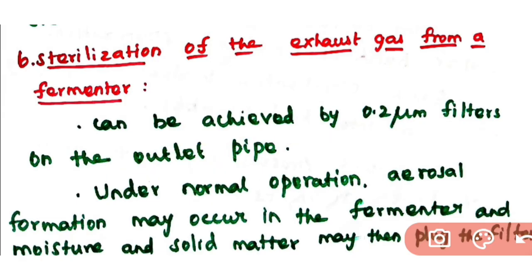Under normal operation, aerosol formation may occur in the fermenter. Aerosols are nothing but suspensions of solid or liquid particles. These liquid particles may moisten your filter, or solid particles may plug the filter. So frequently we have to check the condition of your filter.